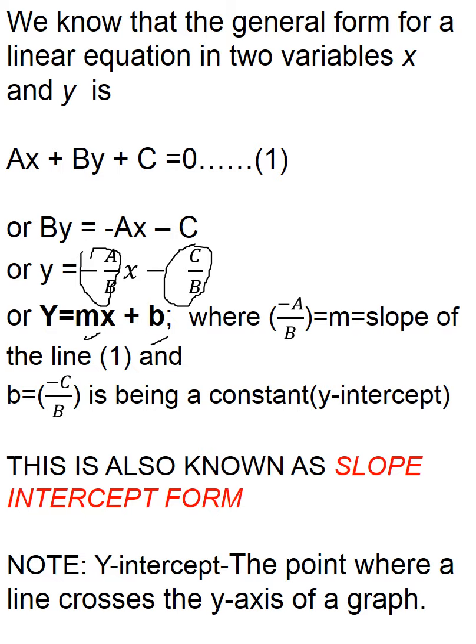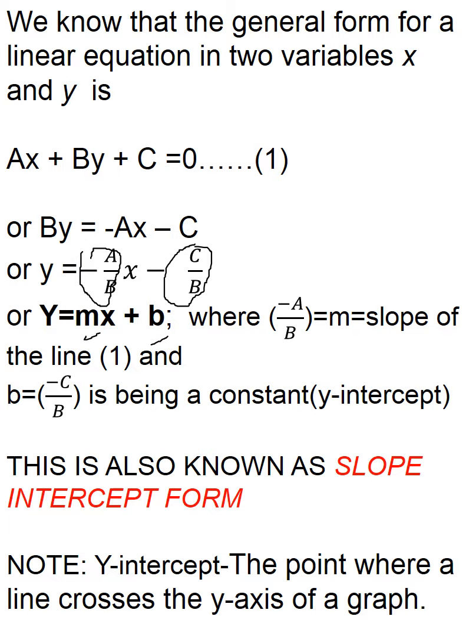But in geometry, when we draw the graph, we will see that this -a/b, the ratio of the coefficient of x with negative sign divided by the coefficient of y, gives the slope of the line. In coming classes, we will be discussing more about the slope of a line.